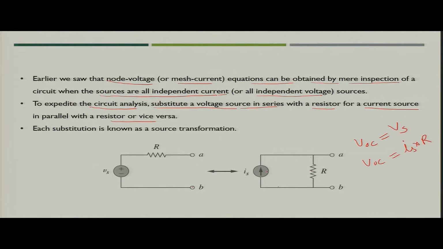Now, as per property, if you see that both of the circuits are equivalent, your VOC for first circuit and VOC for second circuit should be equal. So, what you get? You get Vs is nothing but Is into R. So, this is the same thing which you got in previous case. What we got in previous case? Vs by R is equal to Is. So, you can cross verify that whether it is short circuit characteristic or open circuit characteristic, the circuit is equivalent because it is giving the same output.